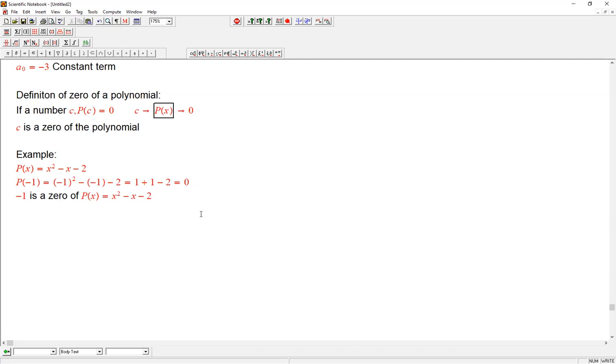Now, there's an interesting relationship between a zero of a polynomial and a factor of a polynomial.